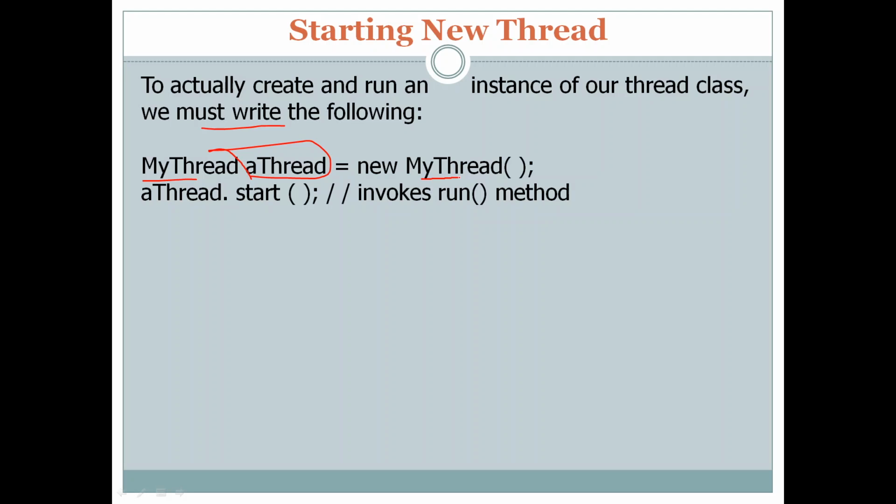We have created an object of MyThread with the name aThread. Then we start that thread by calling aThread.start. aThread.start will start the thread by calling the run method which is defined in the class, remember. So when we say start, start will call the method run defined in the program.